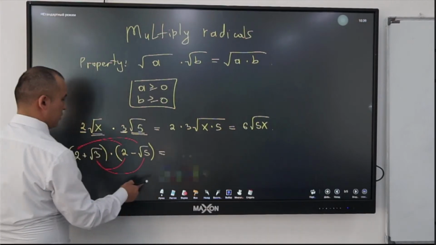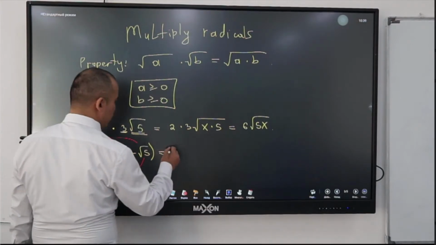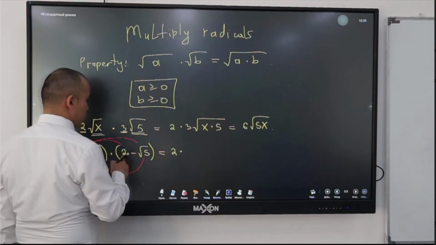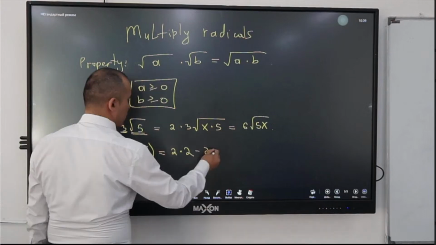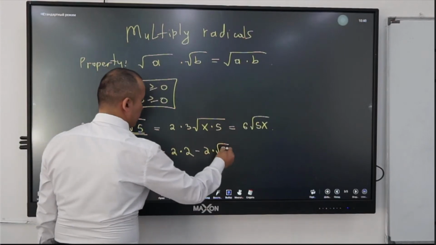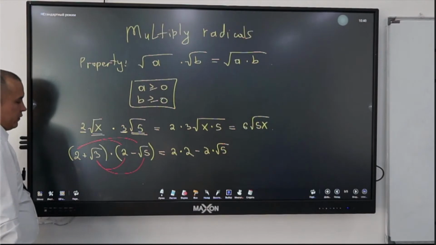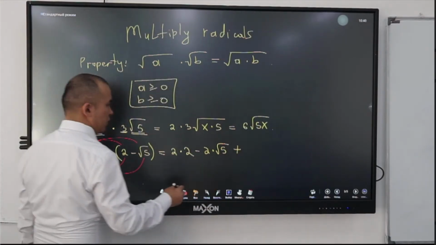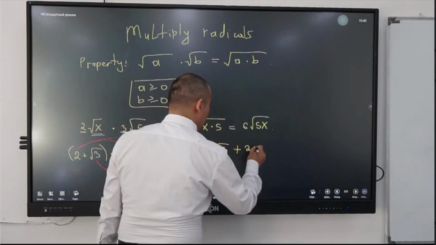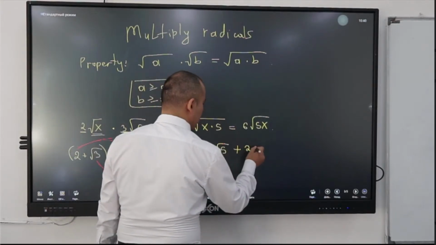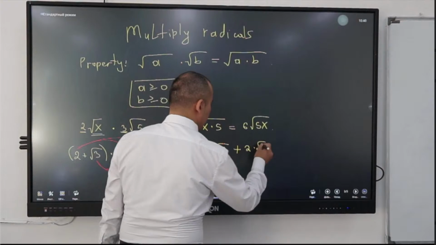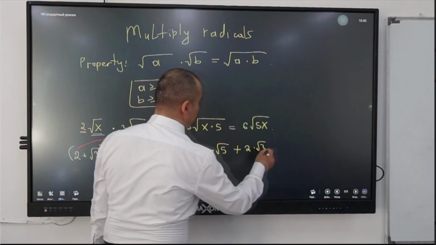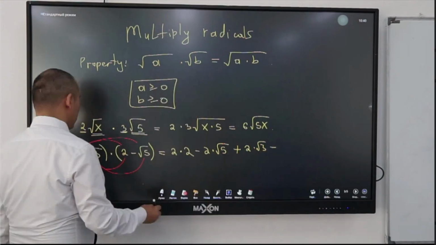So 2 times 2, minus 2 times root 5, plus 2 times root 3, plus times minus will be minus root 3 times root 5.